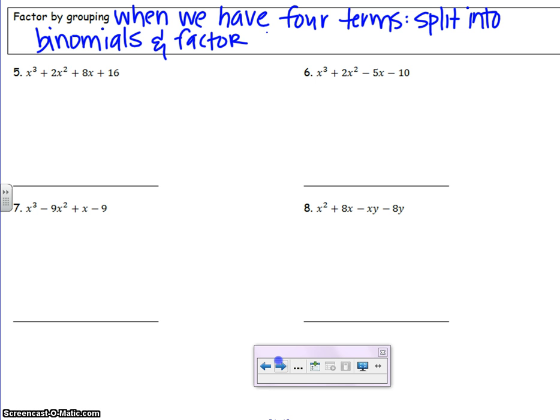Now, as we're reading this, when we have 4 terms and we split into binomials and factor a GCF and then factor a binomial, this might not make a lot of sense until we do a couple.